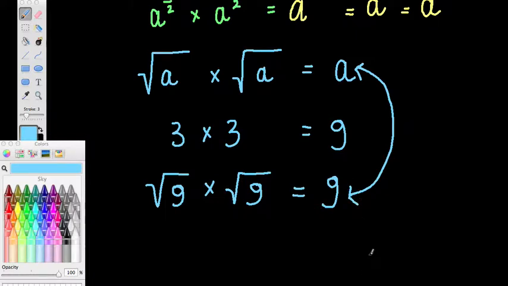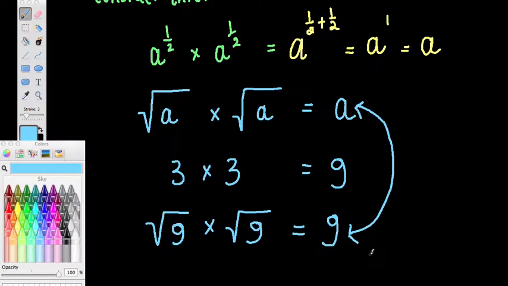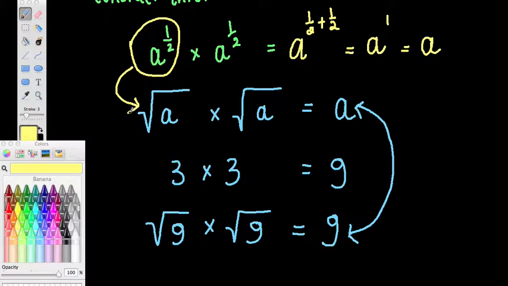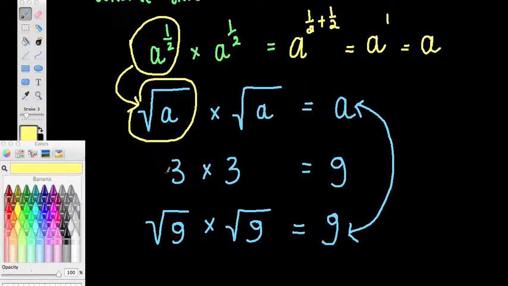Now, what I'm getting at is that this here, a to the power of half multiplied by a to the half, is equal to a. But the square root of a multiplied by itself is also equal to a. So what we can say is that a number to the power of a half is actually equal to the square root of that number, which is really, really handy.